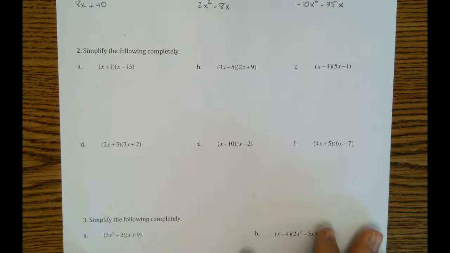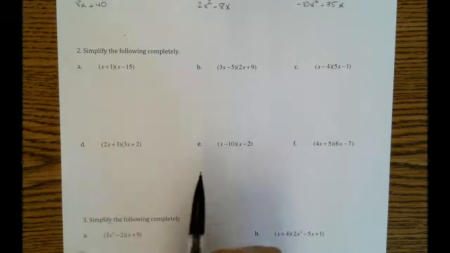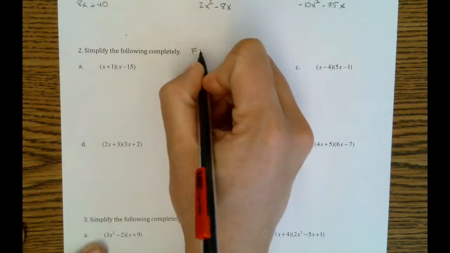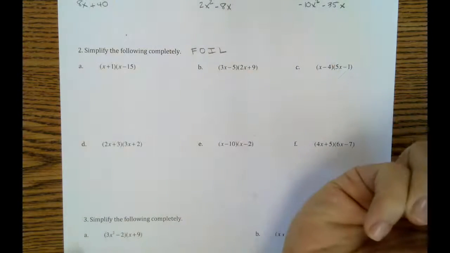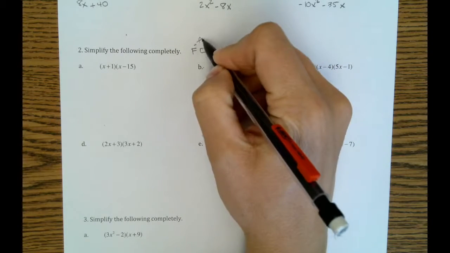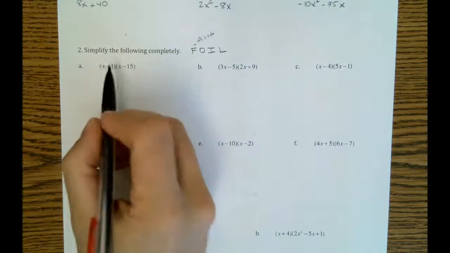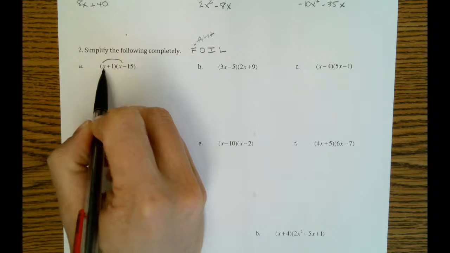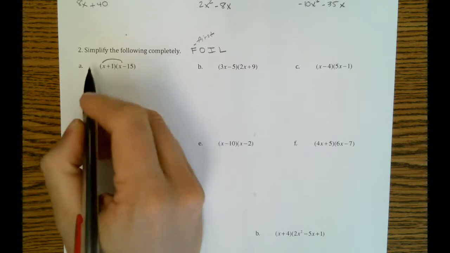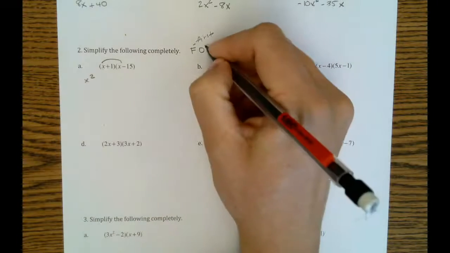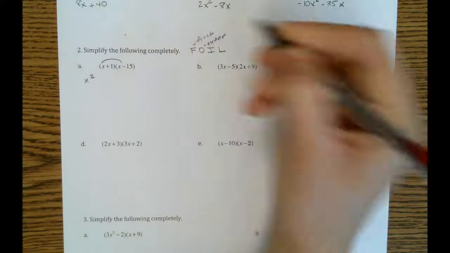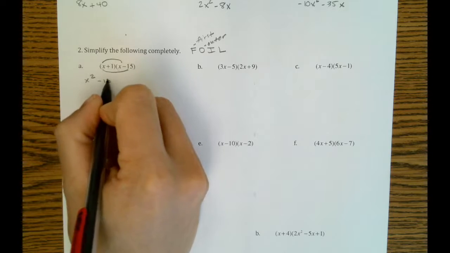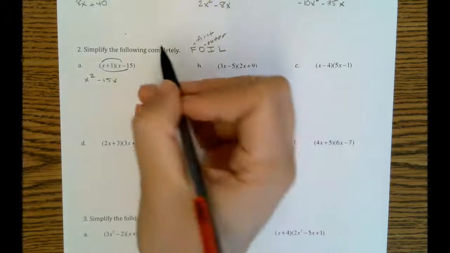Okay, number 2, this is 2 parentheses that we're multiplying together, and this is distribution. Specifically, we call it FOIL. So the F stands for first, so that means that you take the first term times the first term. So the first term in this parentheses times the first term in this parentheses, x times x is x squared. The O means outer, so we take the outer 2 terms, x times negative 15, which is negative 15x.